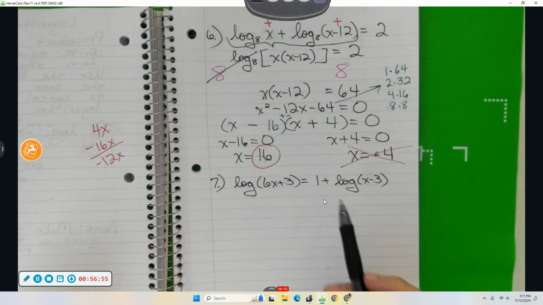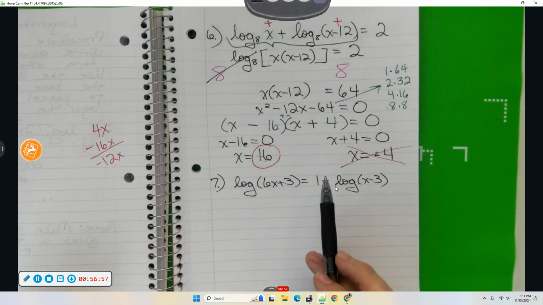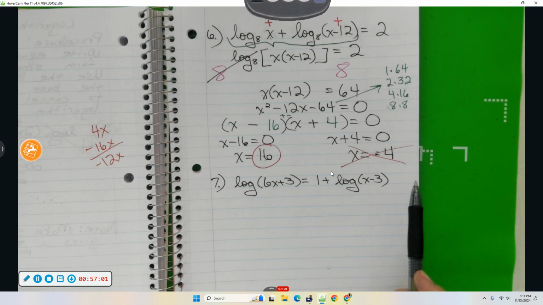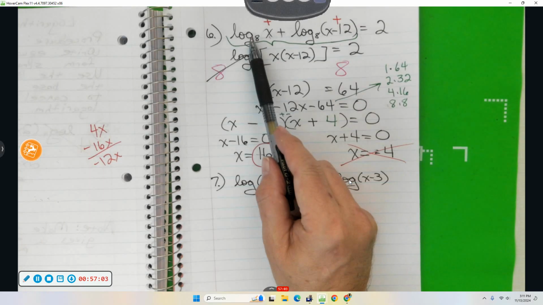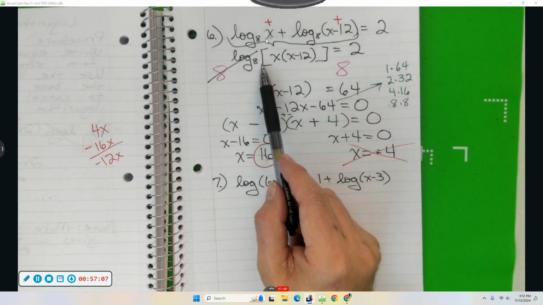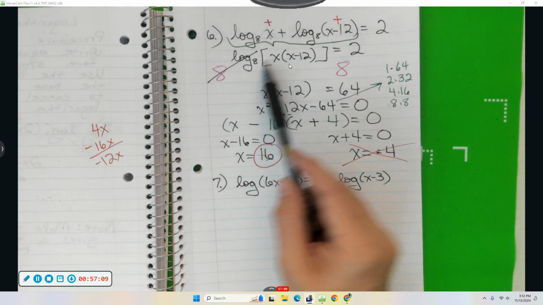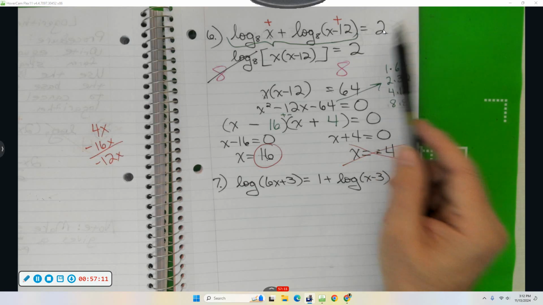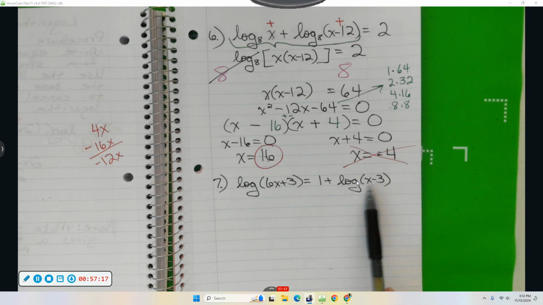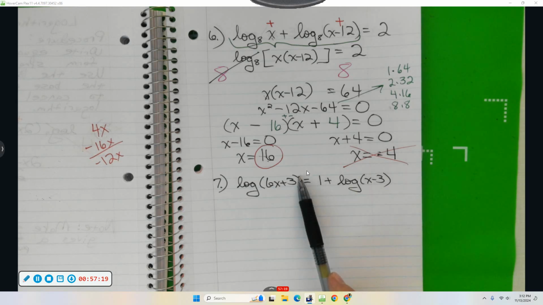We know we need the equation in the form single logarithm equals a number. Here, we had the two logarithms on the same side. We were able to condense to get a single logarithm, and we got the number on the right. Well, I can get the number on the right by picking up this second logarithm and moving it over to the left.